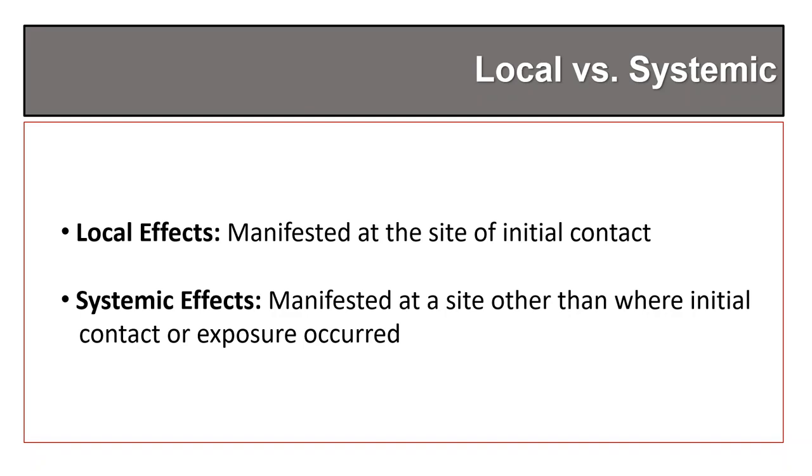So an example with a chemical is inhalation of airborne toluene or benzene vapors, which are solvents, can result in irritation locally in the respiratory system. The presence of the vapors can result in irritation of the eyes, for example.